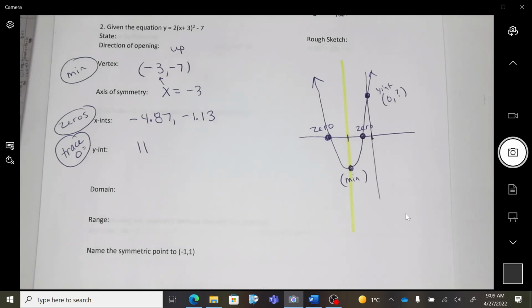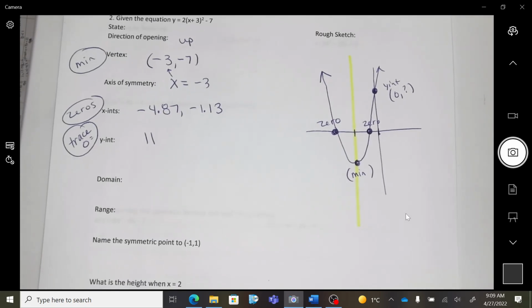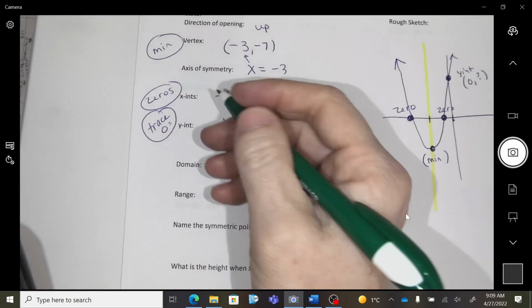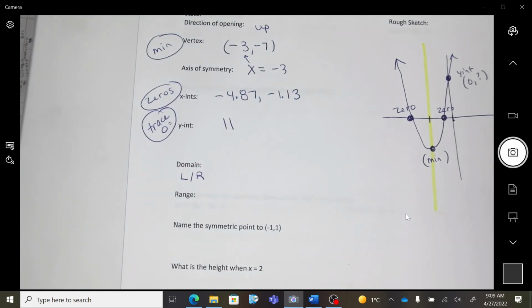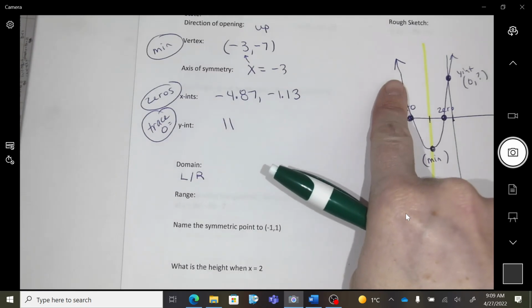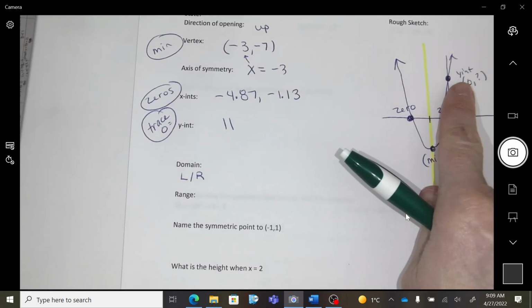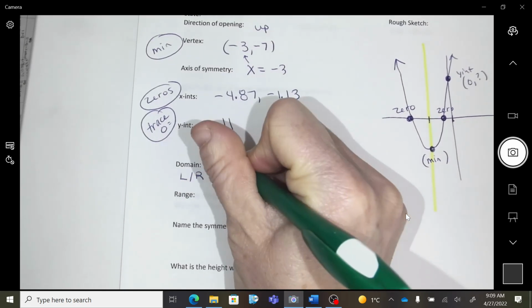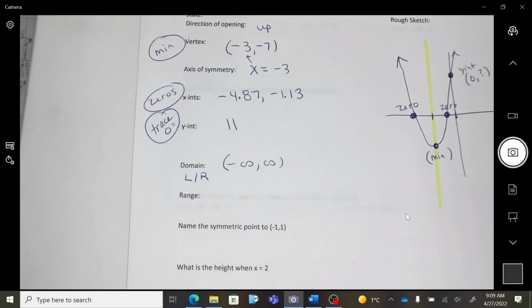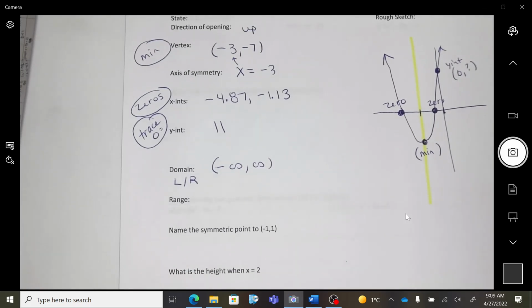Okay, the domain, that's talking about how left and right, how much left does this graph go, how much right does it go. So the left is -infinity and the right is +infinity. So left to right.